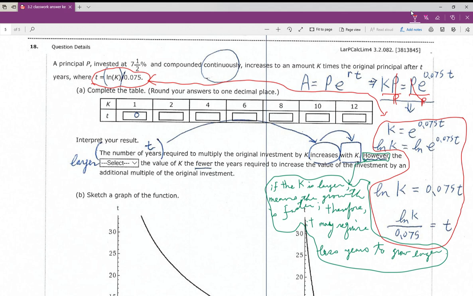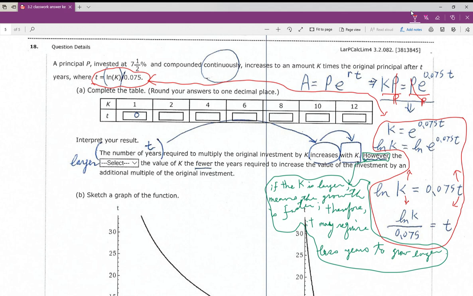Now, obviously, if k increases here, t will increase. If k decreases, t will decrease. That's obvious.